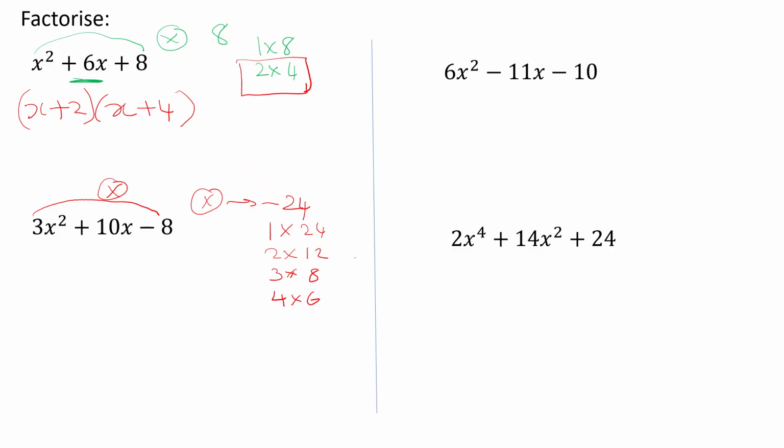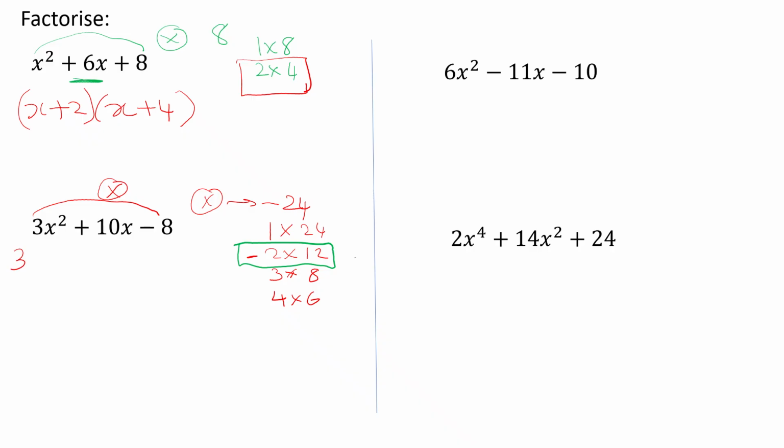If you add two factors, we need to get positive 10. So negative 2 and positive 12, you get this combination, positive 10. And if you multiply negative 2 times 12, negative 24.